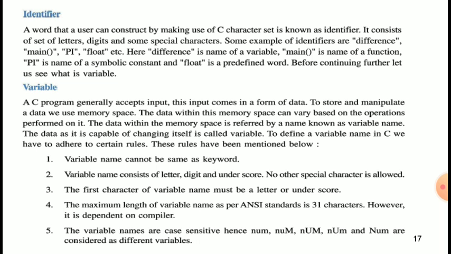First, a variable name cannot be the same as a keyword. Second, a variable name consists of letters, digits, and underscore. No other special character is allowed. Third, the first character of a variable name must be a letter or underscore. Fourth, the maximum length of a variable name as per the ANSI standard is 31 characters.